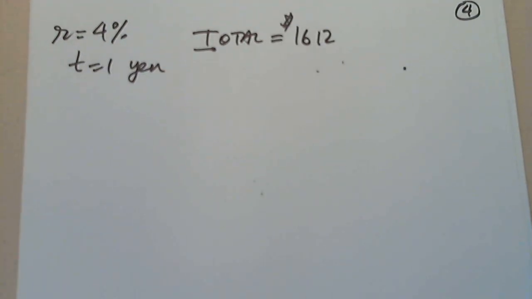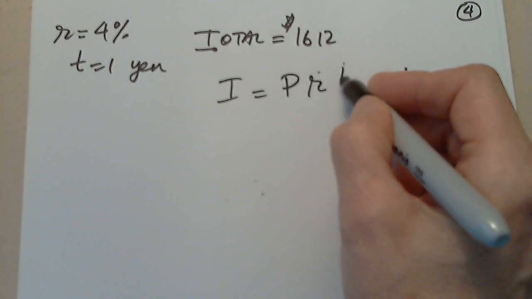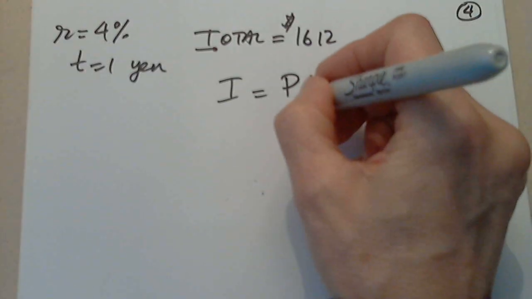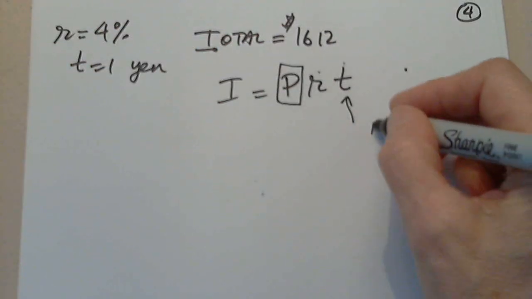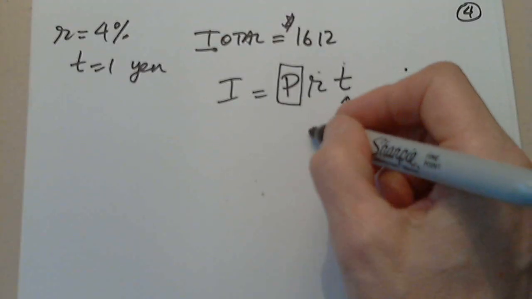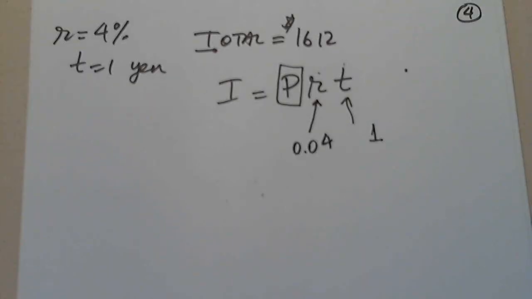So remember the formula. The interest is P, R, and T. We do not know the principal. We know that the time is given to us as 1 year, and we know that the annual interest rate is 0.04.